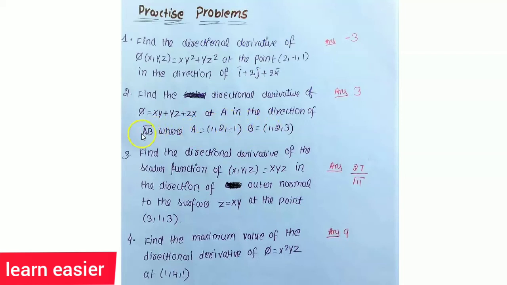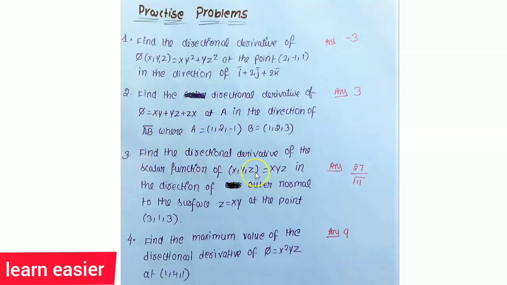So you have to find the line vector, and then the unit vector for this line vector, then del f dot e cap. You can get the answer for the directional derivative of function phi in the direction of AB bar.